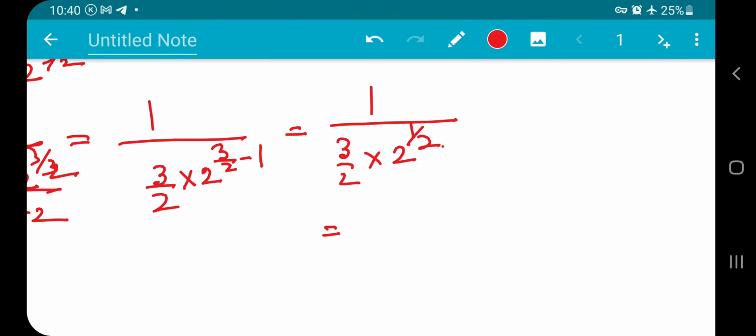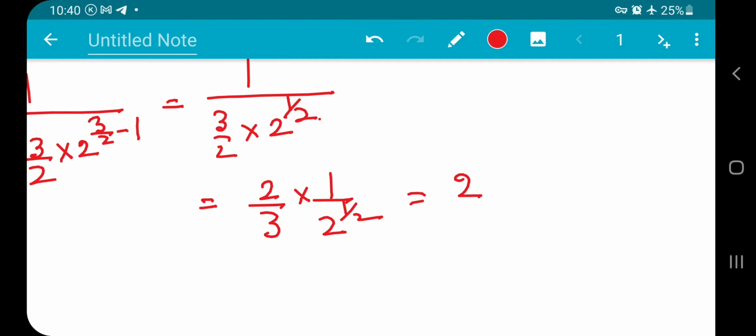So how much is coming? 2 by 3 into 1 by 2 to the power half. That is equal to 2 to the power 1 minus half.